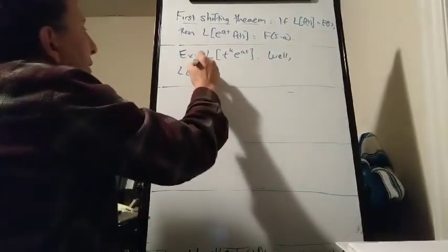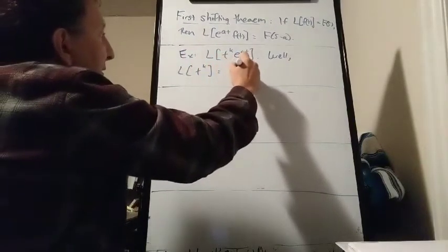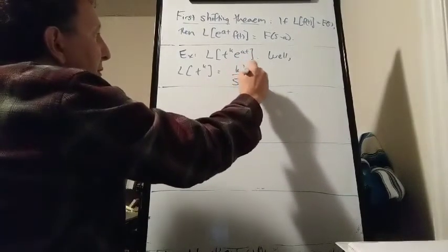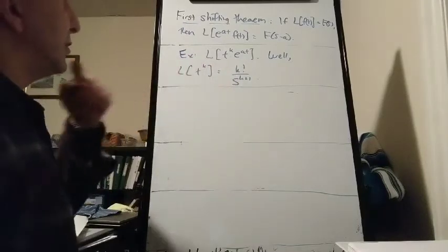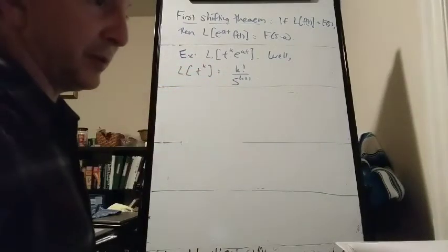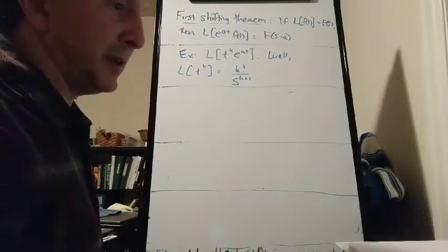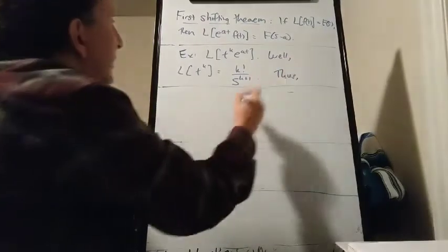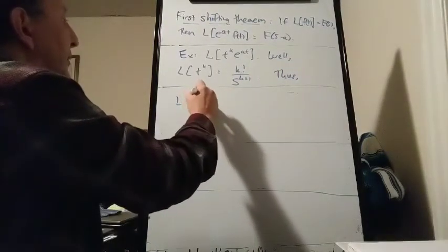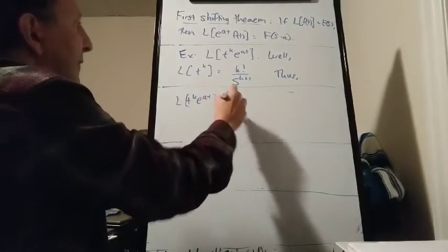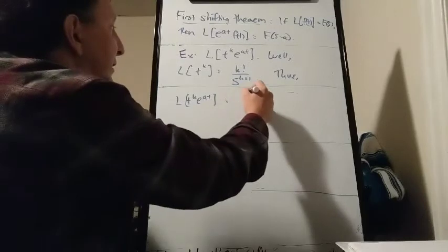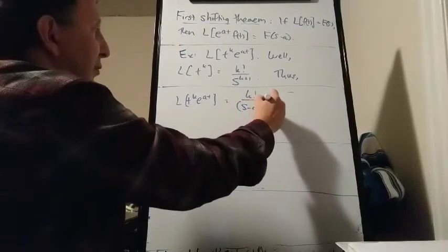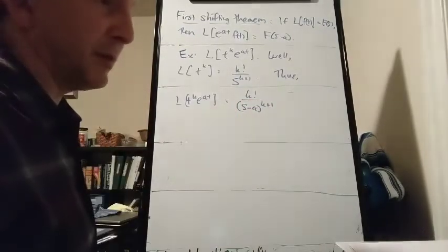Well, the Laplace transform of just t to the k is k factorial over s to the k plus 1. So we copy this number into the numerator with the factorial, and then we add 1 and put that as a power of s in the denominator. So if we put the e to the at back in there, then it's just k factorial over, we replace the s with s minus a. So k factorial over s minus a to the k plus 1.